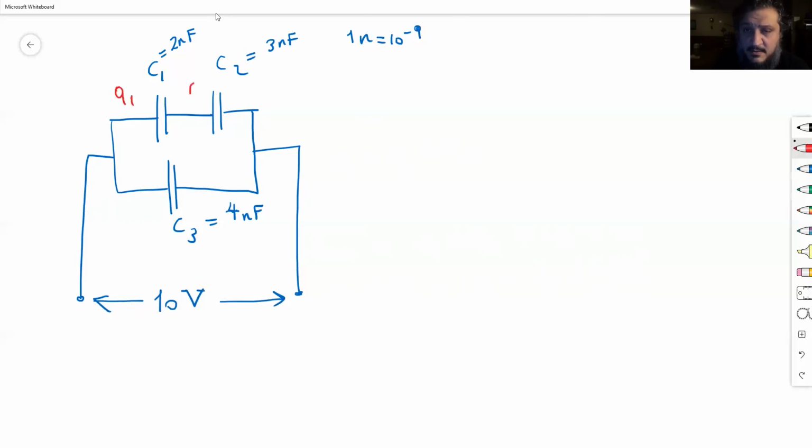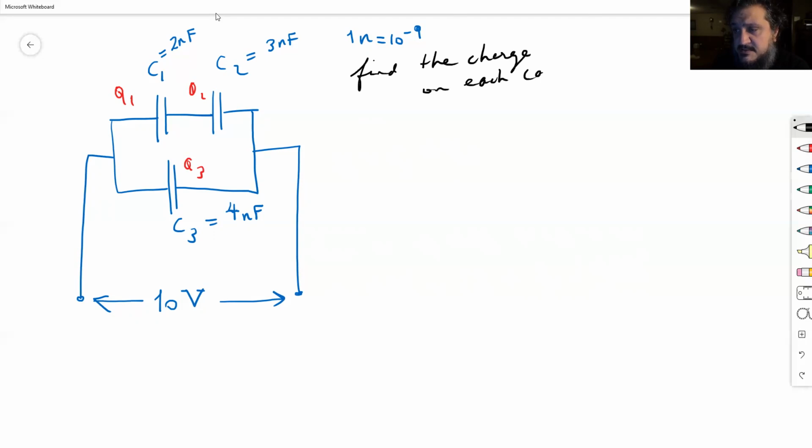Q1, Q2, Q3. What are these charges? That's the problem. So find the charge on each capacitor.